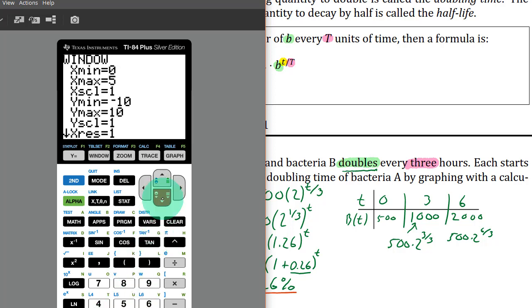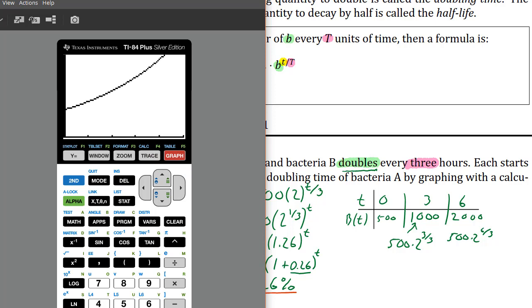And the y min should be 0, because you can't have fewer than 0 bacteria. I'm just trying to get something reasonable. The y max, well, I want to see when it doubles, when it gets to 1,000 bacteria. So I'm going to make this 1,500 or 2,000 or something like that.